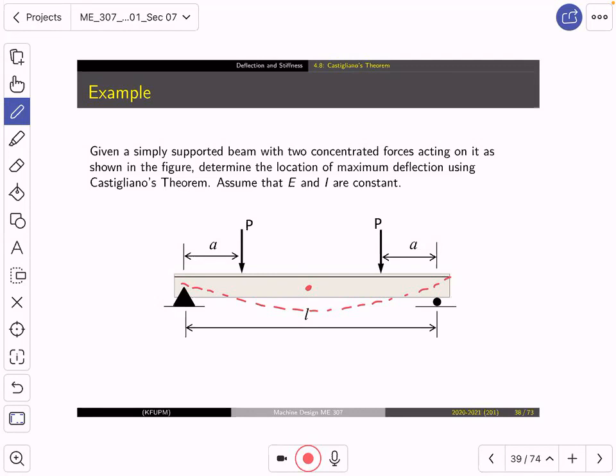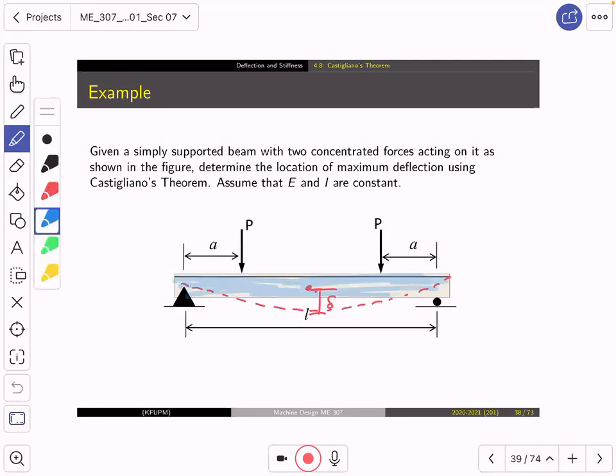Castigliano's theory says if you want to find the deflection, you need to find the total strain energy in the body. The entire body will have strain energy. Go and find it.